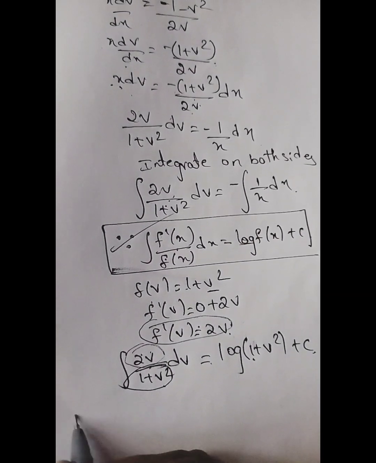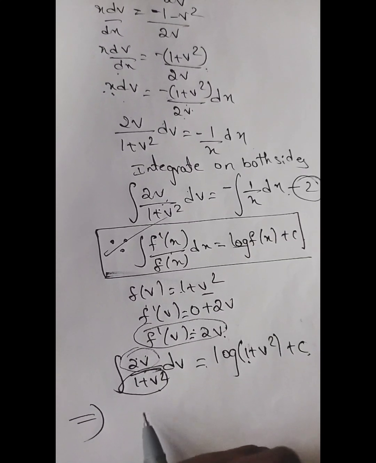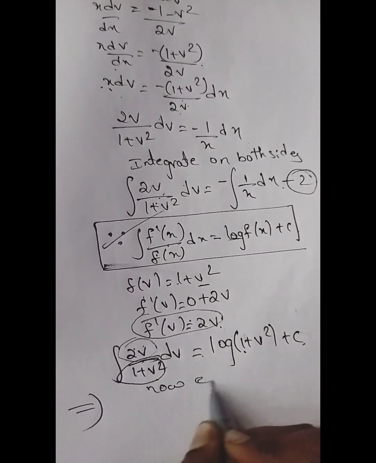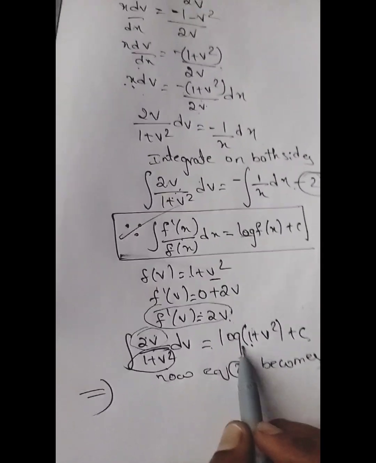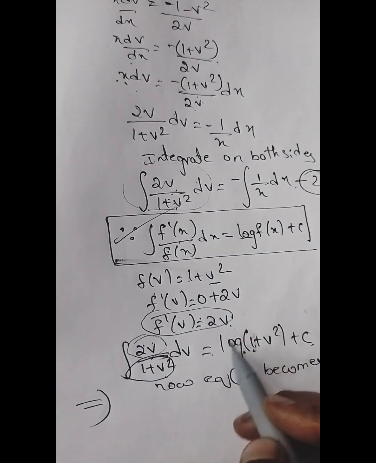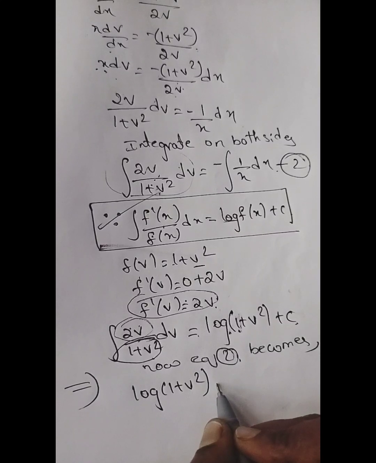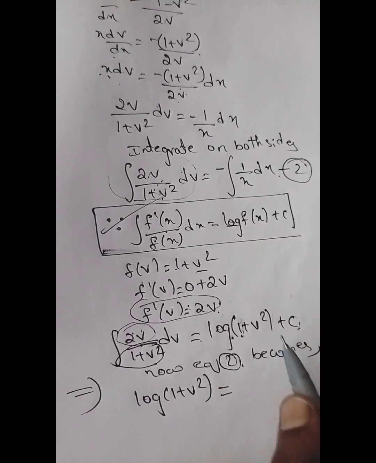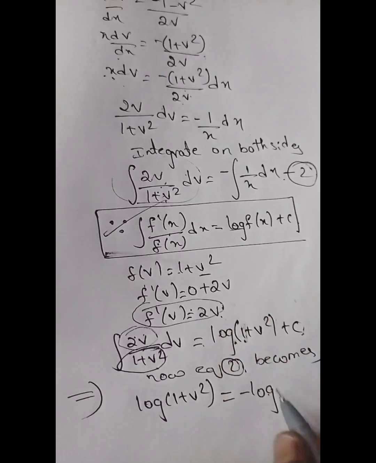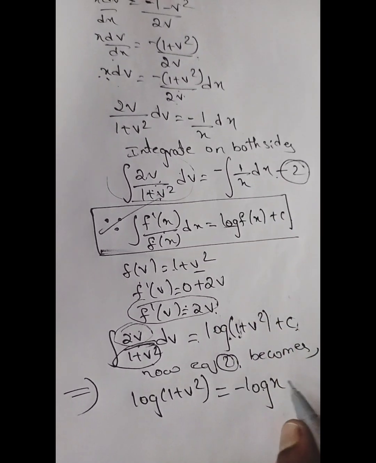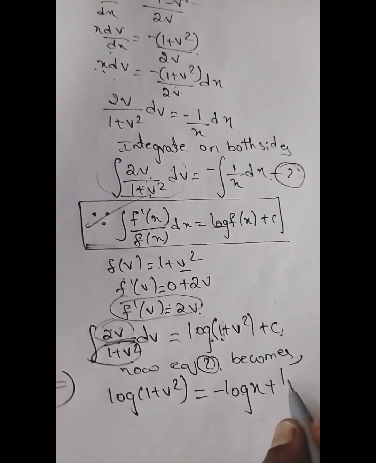Now we can substitute in equation 2. Equation 2 becomes: log of the left hand side totally becomes log(1+v²) equal to minus log x, because the integration of 1/x is log x, plus a constant after integration, that is mandatory.